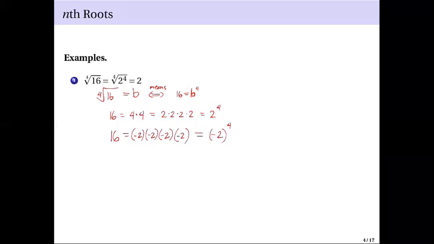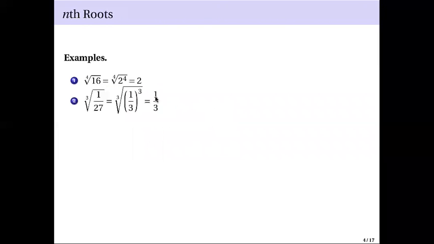Okay? So that is the question for this particular example. This is just the first example, so this one should be easier. Next example here. We have the cube root. Cube root of 1 over 27.